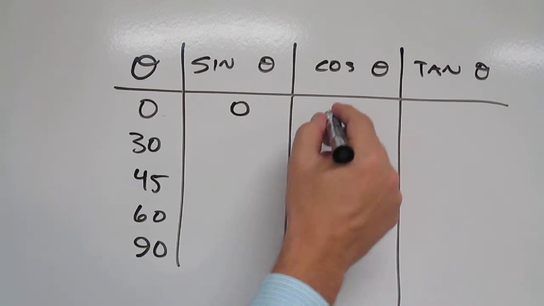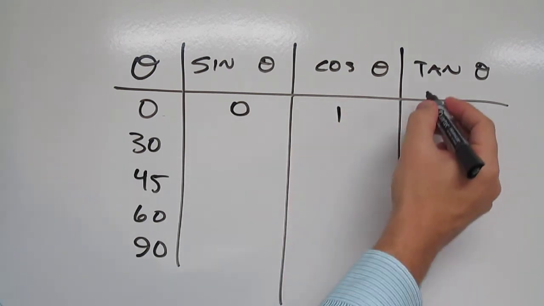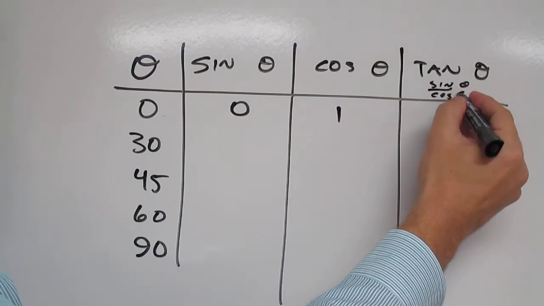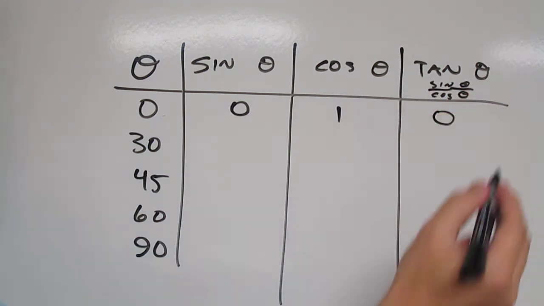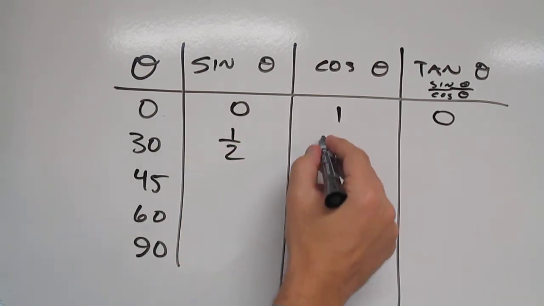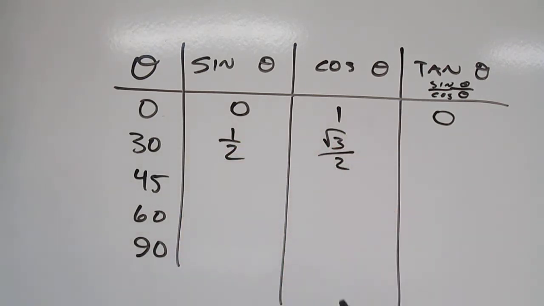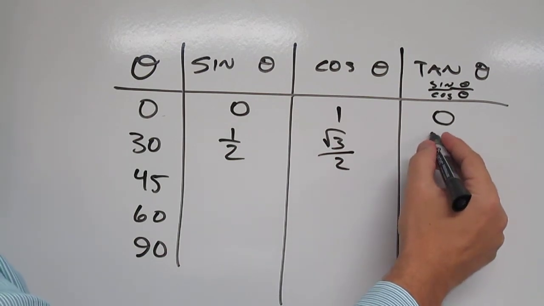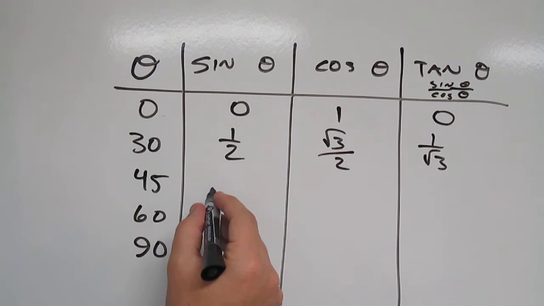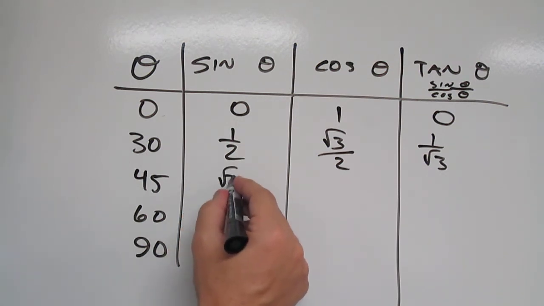The cosine of 0 is 1. And if we think of tangent as sine over cosine, then that's 0. Sine of 30 is 1/2. The cosine of 30 is square root of 3 over 2. So the tangent of 30 is 1 over the square root of 3. I'll give the decimal equivalent of that soon.